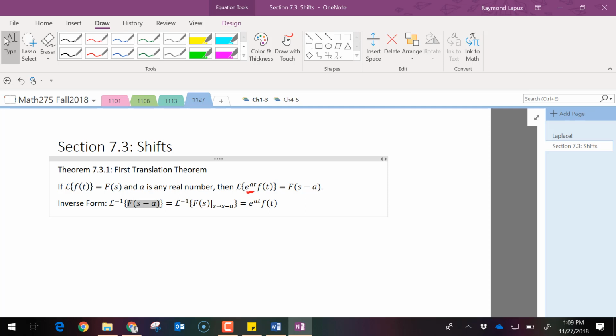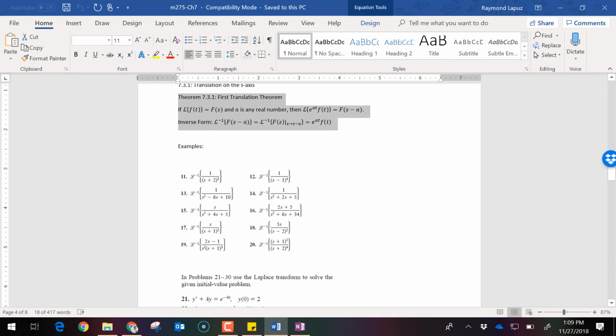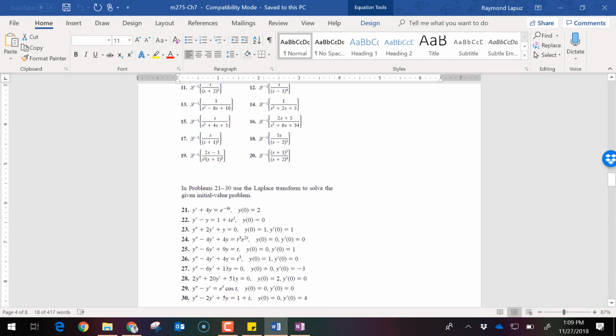And so when that happens, we'll need to apply this shift theorem, so that we can translate it back. Let's take a look at an example. Let's try to do 24.